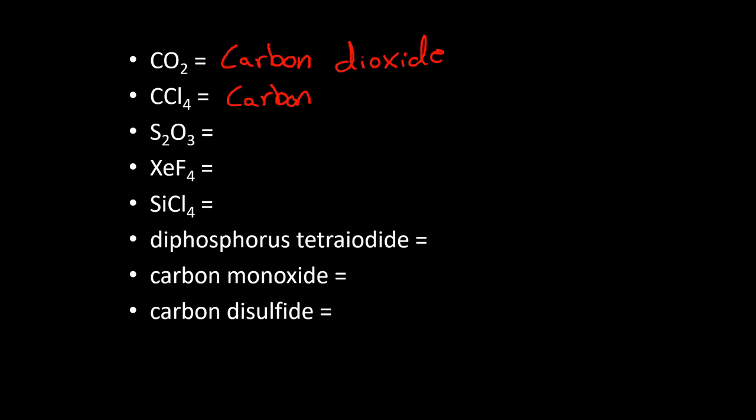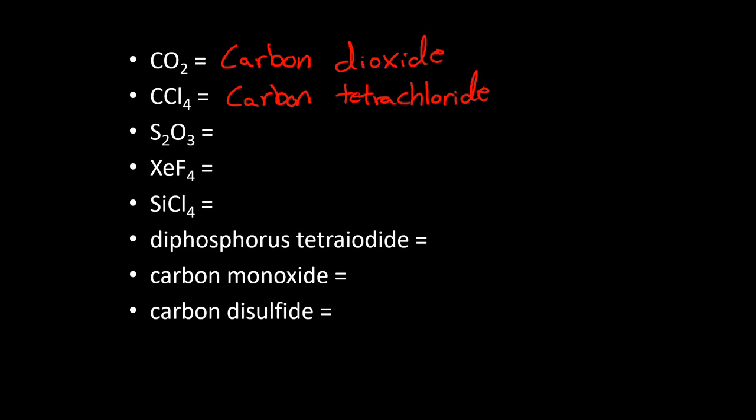The names of these will never start with mono. So it is just carbon, and then we have chlorines, so those are going to be chloride, and we have 4 of them, so tetrachloride, since tetra is the prefix for 4.